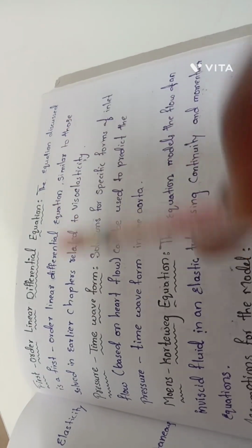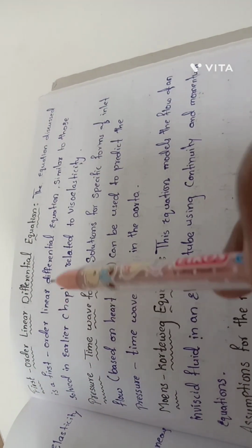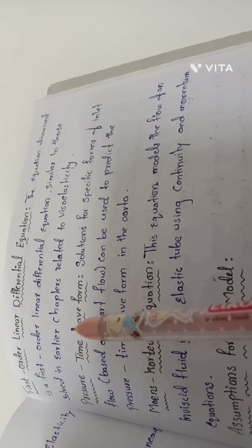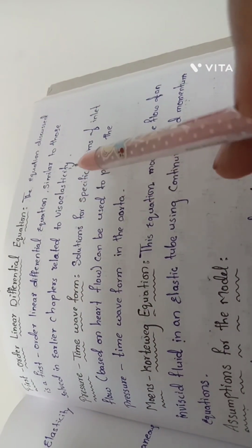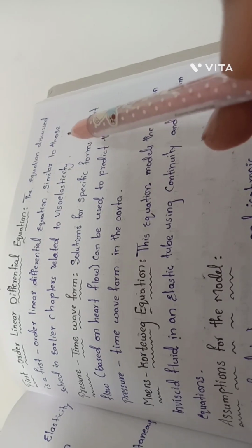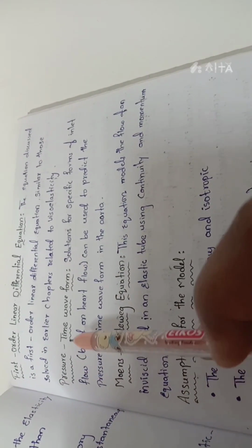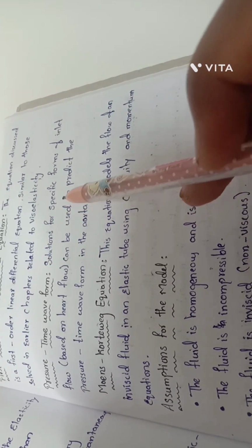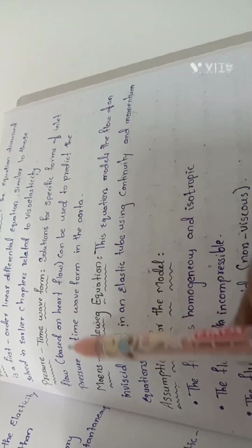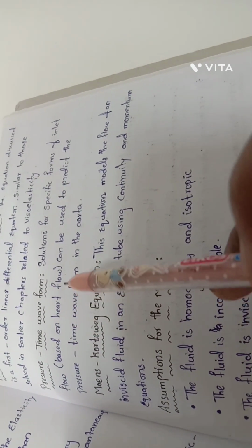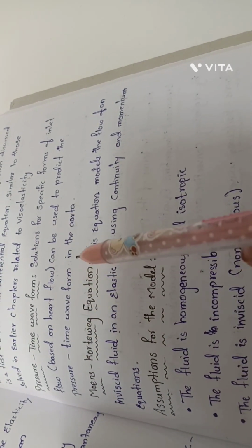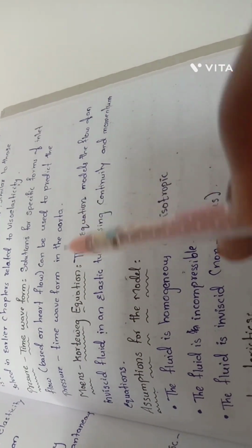The equation discussed is a first order linear differential equation, similar to those solved in earlier chapters related to viscoelasticity. Pressure time waveform. Solutions for a specific form of inlet flow based on the heart flow can be used to predict the pressure time waveform in the aorta.